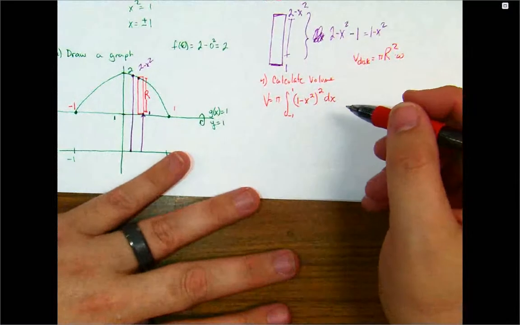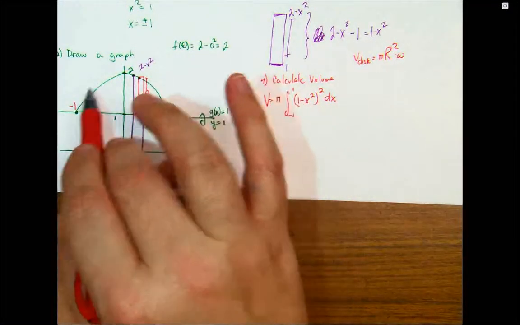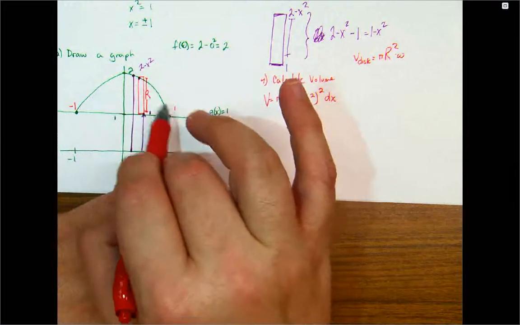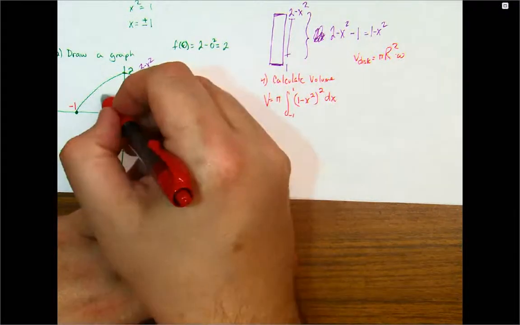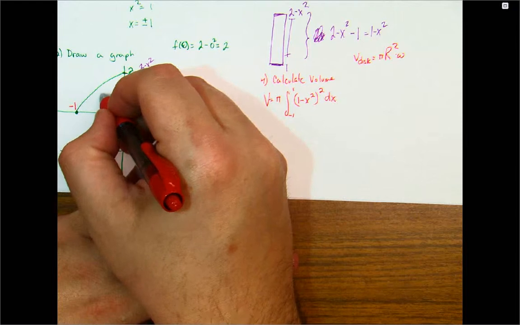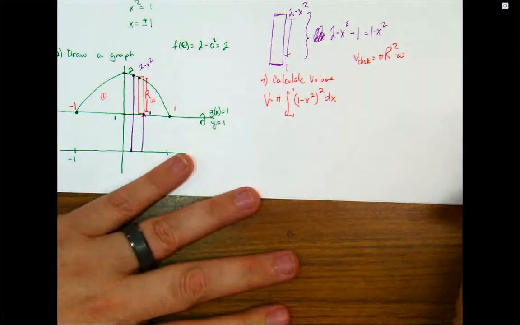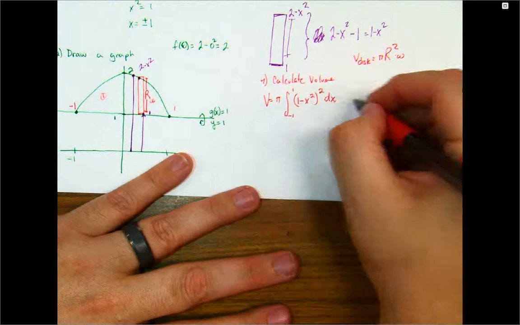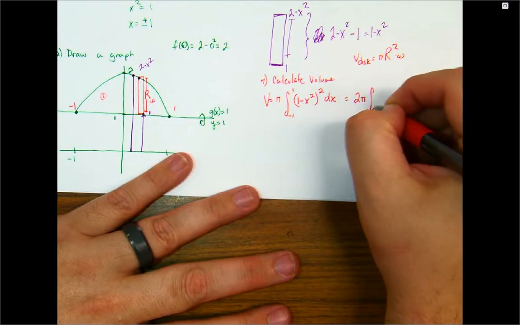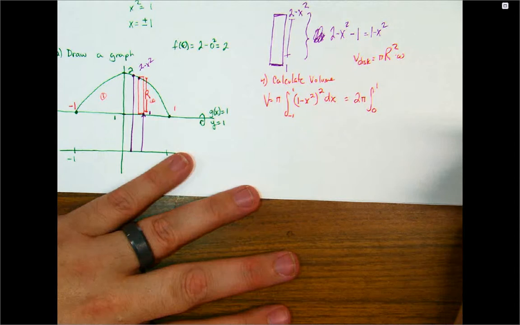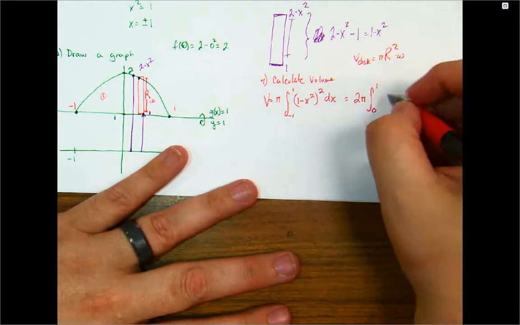Now, since this is a parabola, is this symmetric? So what can we say about this area right here and this area right there? They're equal, aren't they? So I can rewrite this and say 2 pi times the integral from 0 to 1. And remember, you can only do that when you're symmetric. Now, I want to expand this guy.